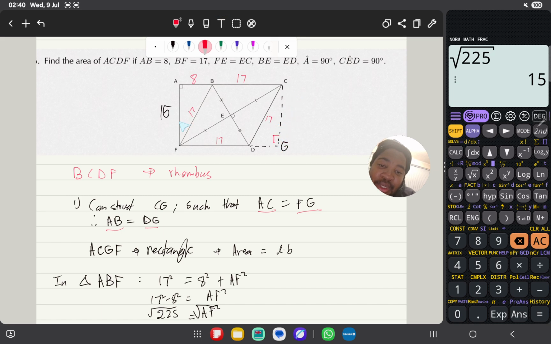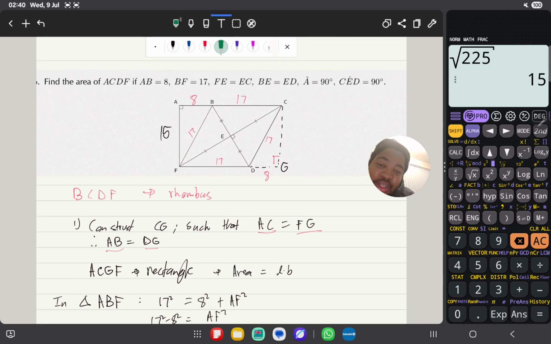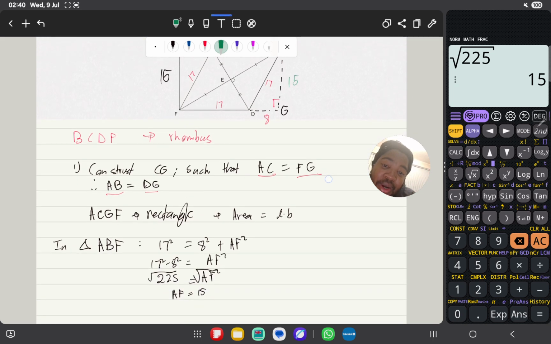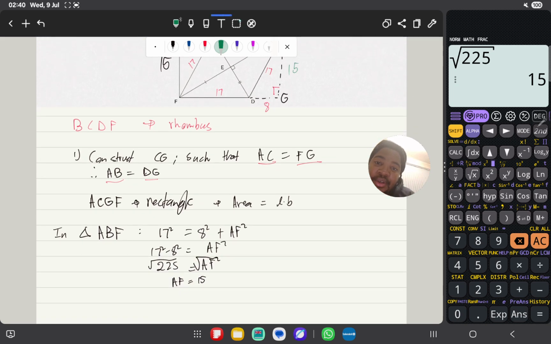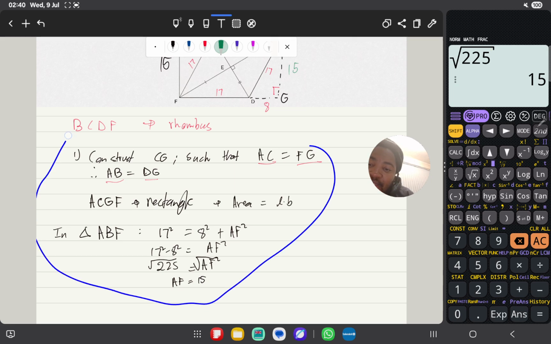We have a right angle there. Just like we did here, we'll use the theorem of Pythagoras. We have 8 here, 8 here, 17 here, you do your calculation just like we did, and you get 15 here, by purely using Pythagoras theorem.